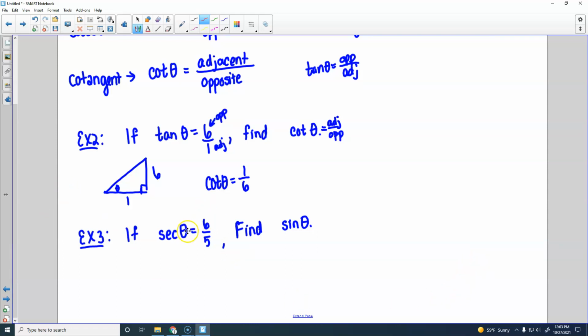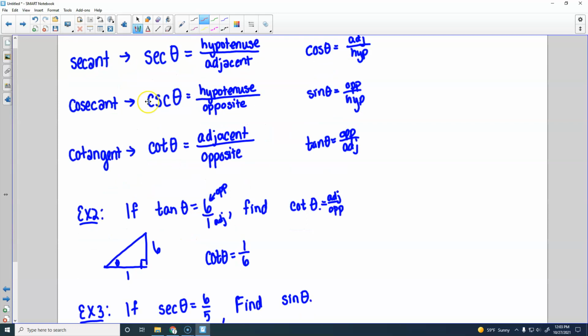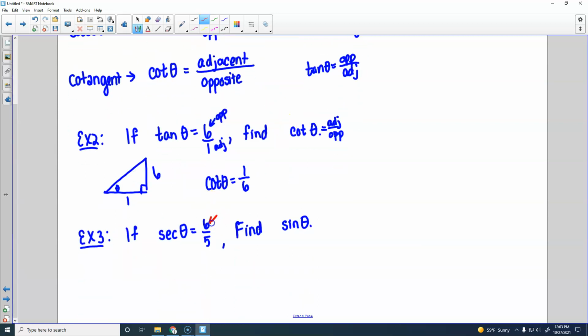So secant, if we look back up here, was hypotenuse over adjacent. So this is my hypotenuse. This is adjacent. So if I draw a triangle for this one, hypotenuse is 6, adjacent here is 5.